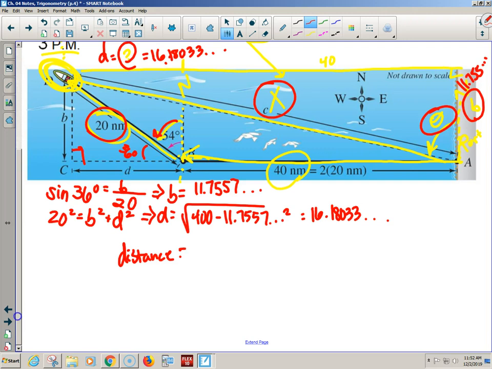So I can say distance is equal to the square root of 40 plus d squared plus b squared. And actually in my calculator, I just go steal those decimals and be like, sweet. So square root of 40 plus, who's the d guy? The 16. And then my b guy squared, which is the 11 guy.